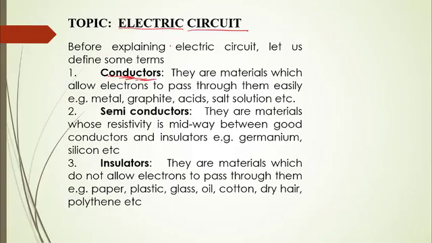Though we've talked about them before, let's refresh our memory. Conductors, put simply, are those materials which allow the passage of electrons through them easily. Examples of such materials are metals, graphite, acids, and salt solutions.